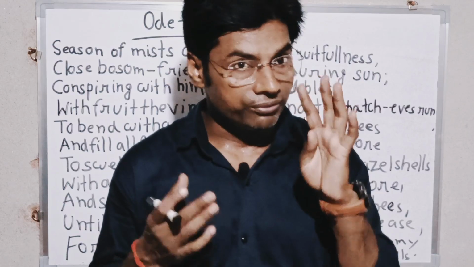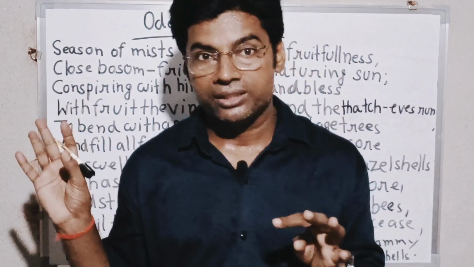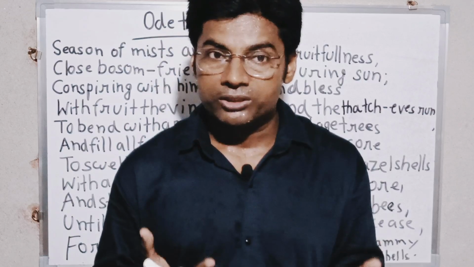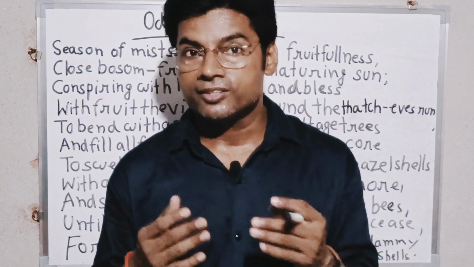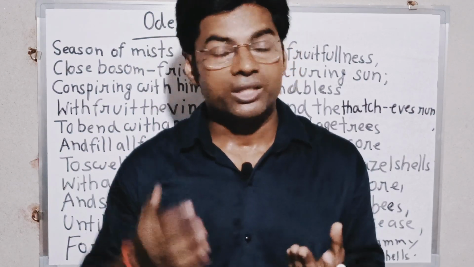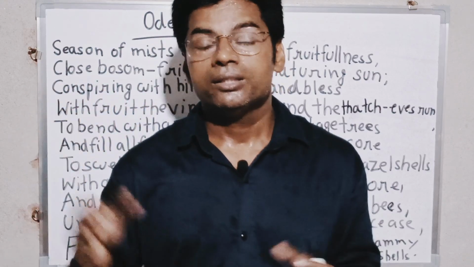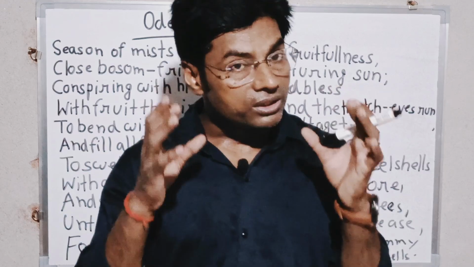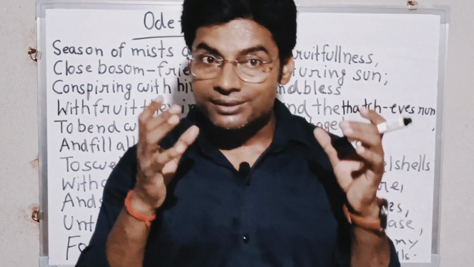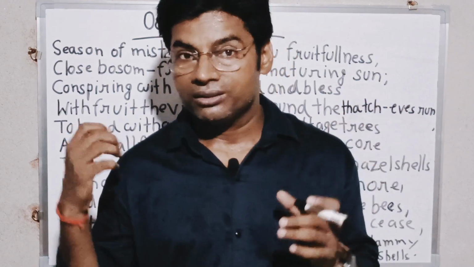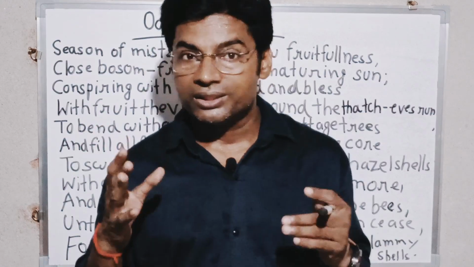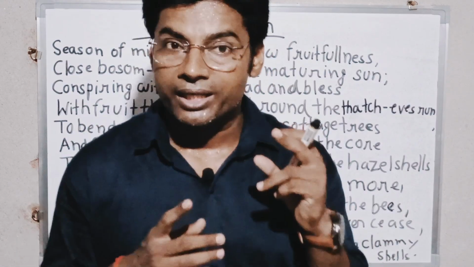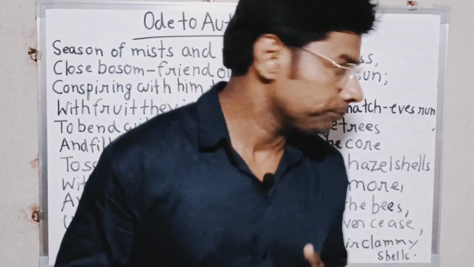So in the first 4 lines of this first stanza, the poet or the speaker of the poem introduces his subject, and in the last 7 lines he describes that subject in detail. So let's look at the first stanza of this poem and understand it line by line.